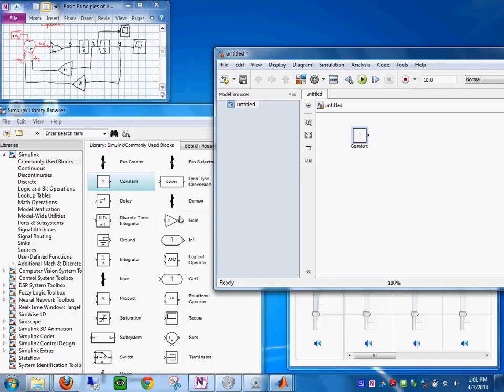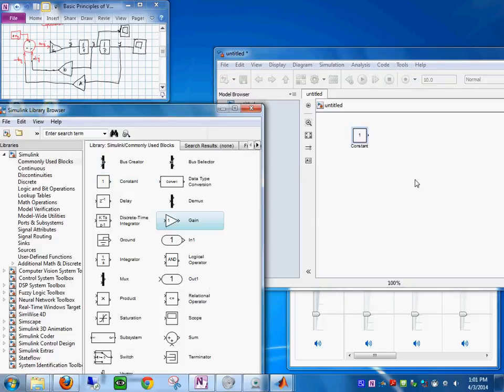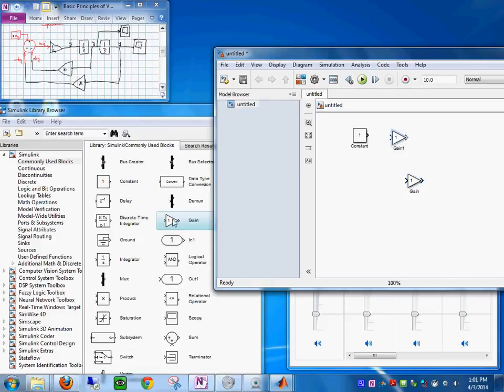So we need a constant. We need about 2 or 3 of these. Let's just put those over here. We need the integrators.